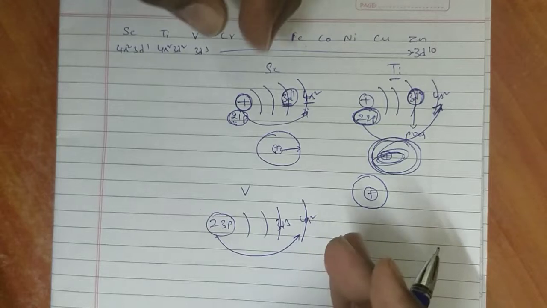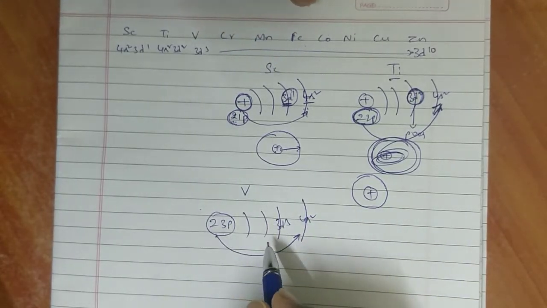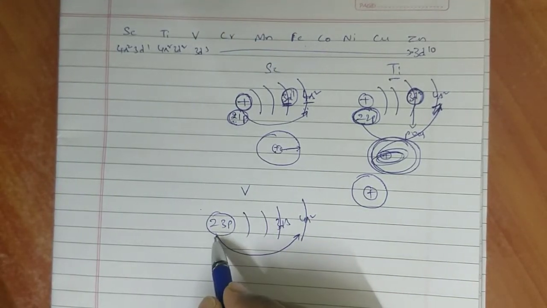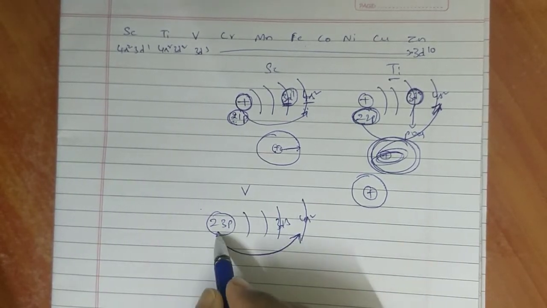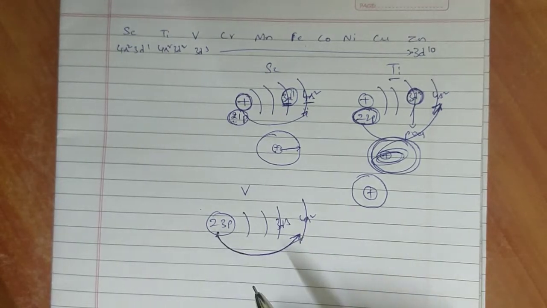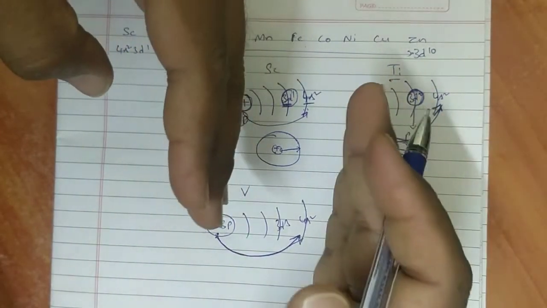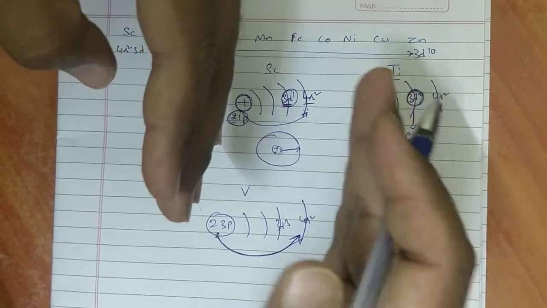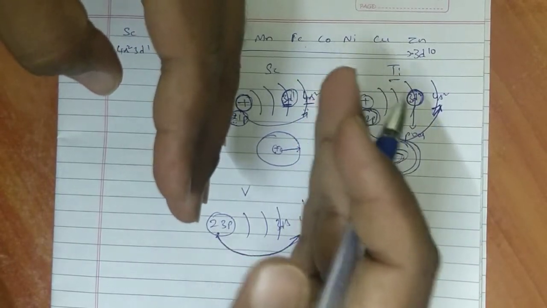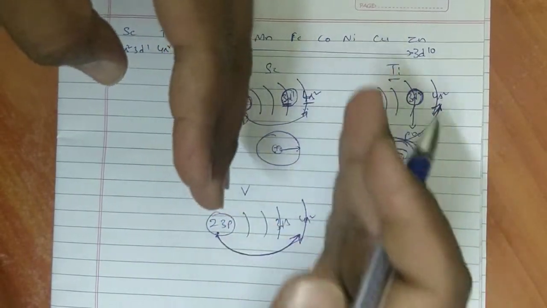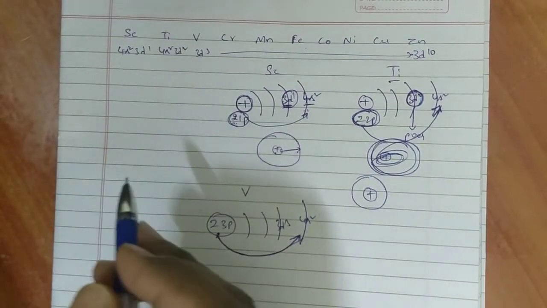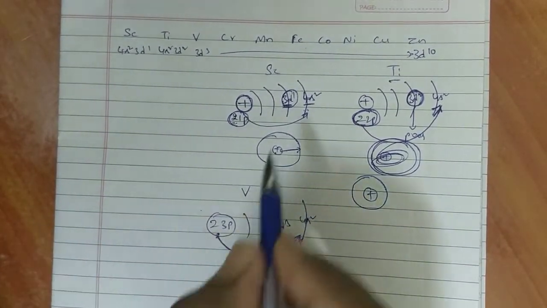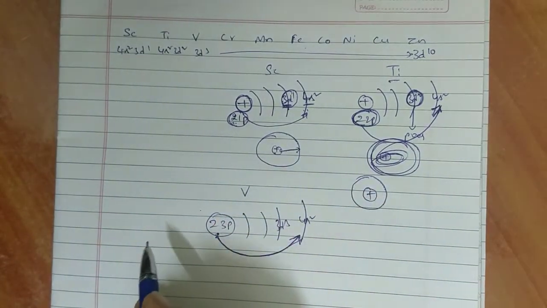When the shielding effect is reduced and nuclear charge is increased, this nucleus will hold the outermost electrons very strongly. When the attraction between the nucleus and outermost electrons is increased, the distance between the nucleus and outermost shell decreases, and atomic size decreases. Automatically ionic size also decreases. This is already known to us, but here with the help of shielding effect also we are explaining.